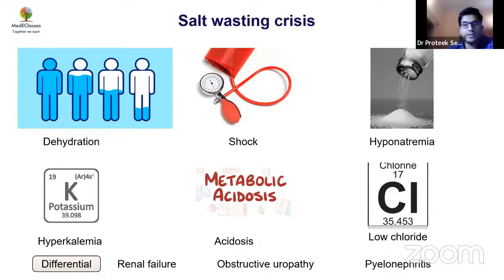Usually, if it is only sodium associated, it lies between 120 to 130 or maximum 125. But in salt wasting you will see even less than 120. It will be associated with hyperkalemia, metabolic acidosis, and the differential of this will be renal failure, obstructive uropathy, and pyelonephritis.